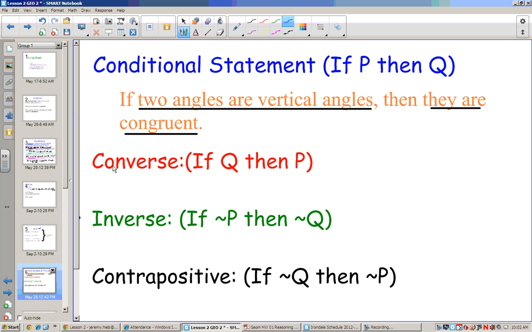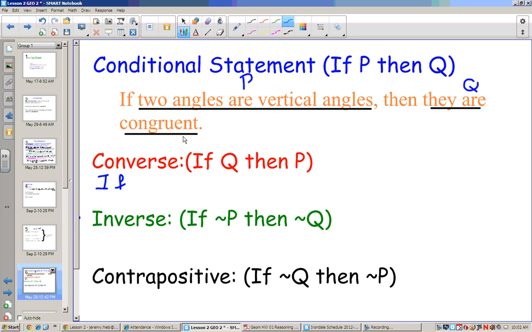All right, now let's take a look at this. We're going to start with one. If two angles are vertical angles, then they are congruent. That's a conditional statement. My converse would be if P then Q. So if this statement is if P, so this whole thing references P, then Q, the last part all references Q. So if I want to write this if Q then P, we start if they are congruent.